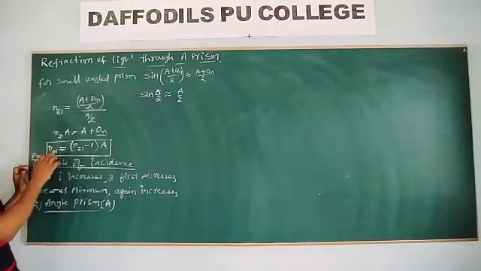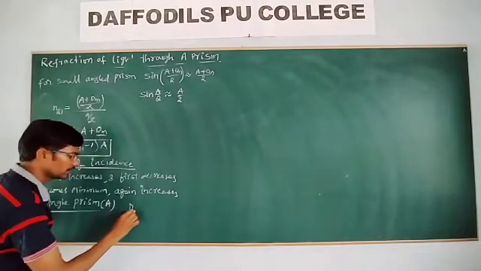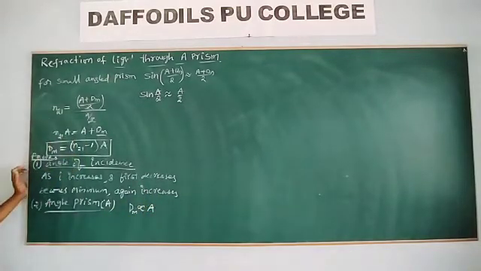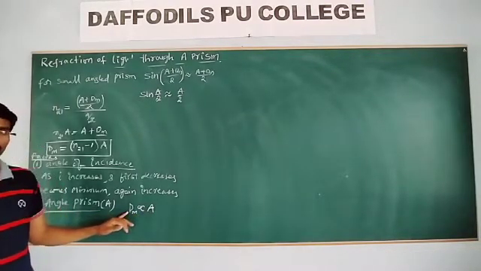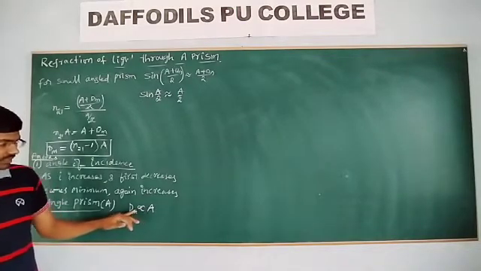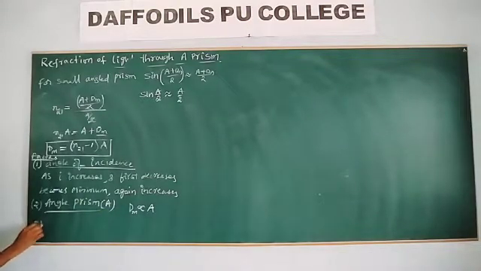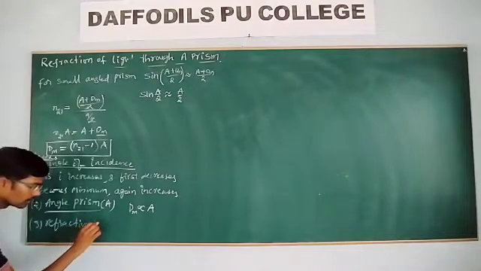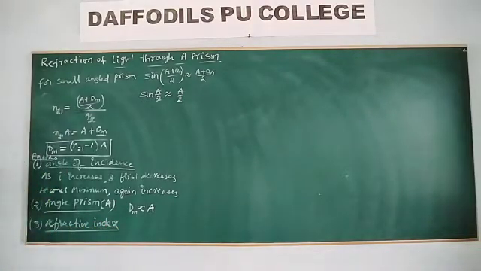Therefore the minimum deviation is directly proportional to the angle of prism. As the angle of prism is more, the angle of deviation is more. Angle of prism is less, angle of deviation is less. And let me show how this depends upon refractive index.